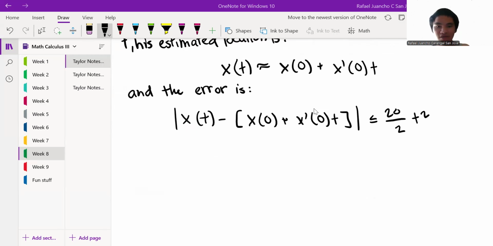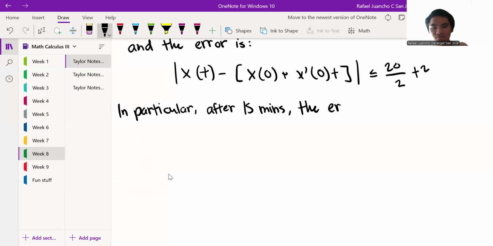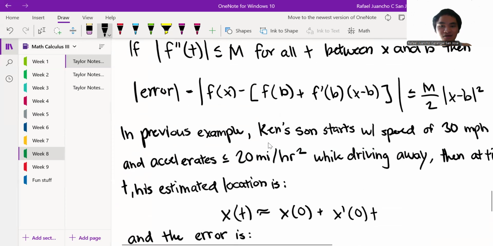And so in particular, after 15 minutes, well, this is the error. x of 1/4. Right, because I'm assuming t is in hours.